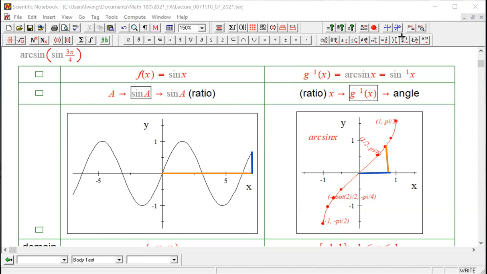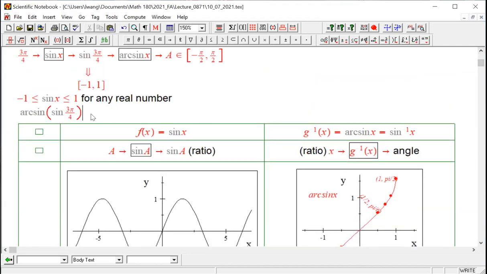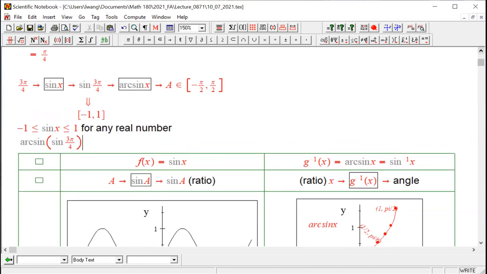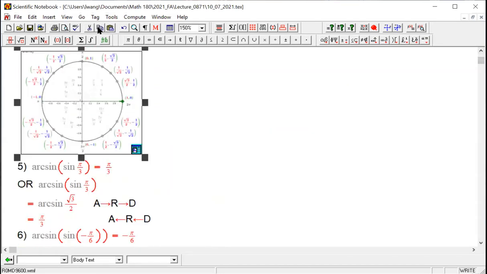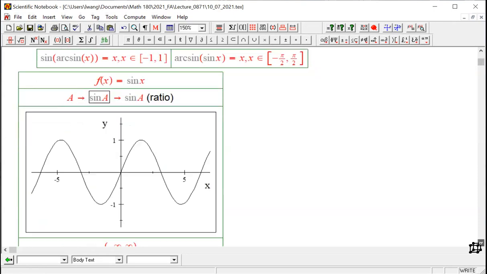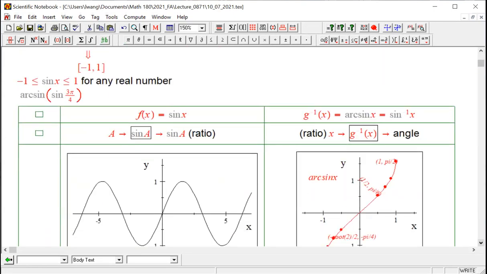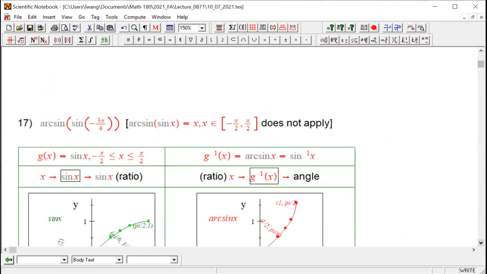Now let's go to the unit circle. This is one approach, just from the picture, and next is another approach.